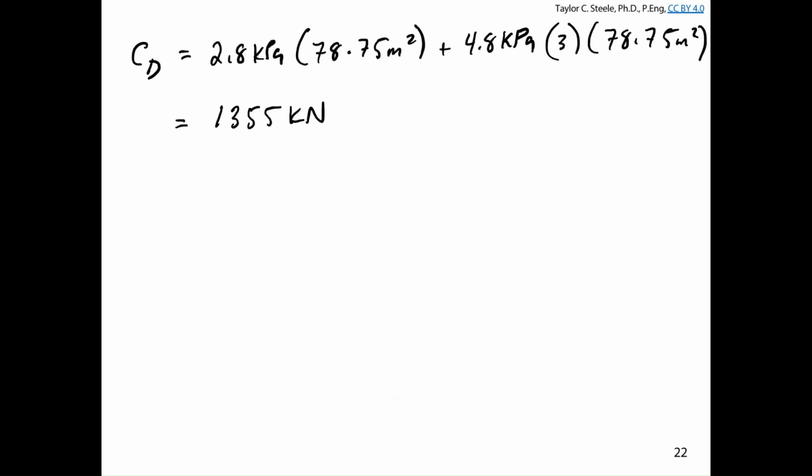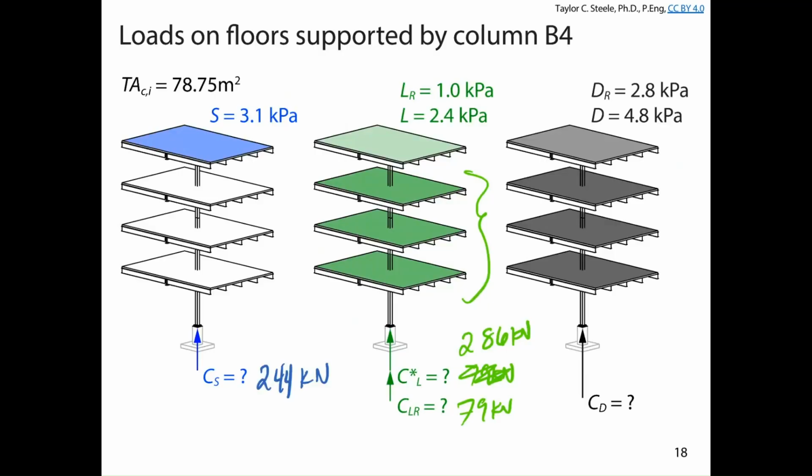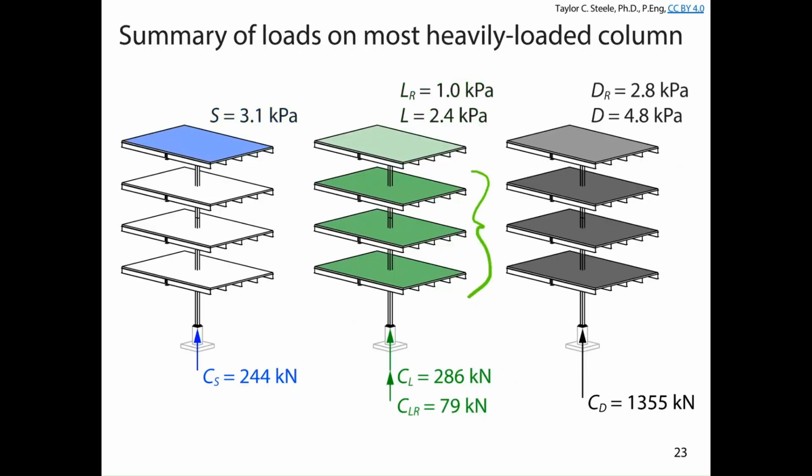Okay, so if I was to come back then, I've got 1355 kilonewtons acting at the base of that column, and I kept going to this slide mistakenly, but this is basically the result of, I guess you would consider this a structural analysis. We have the loads on the floor areas, we've got the tributary areas for the different floors.